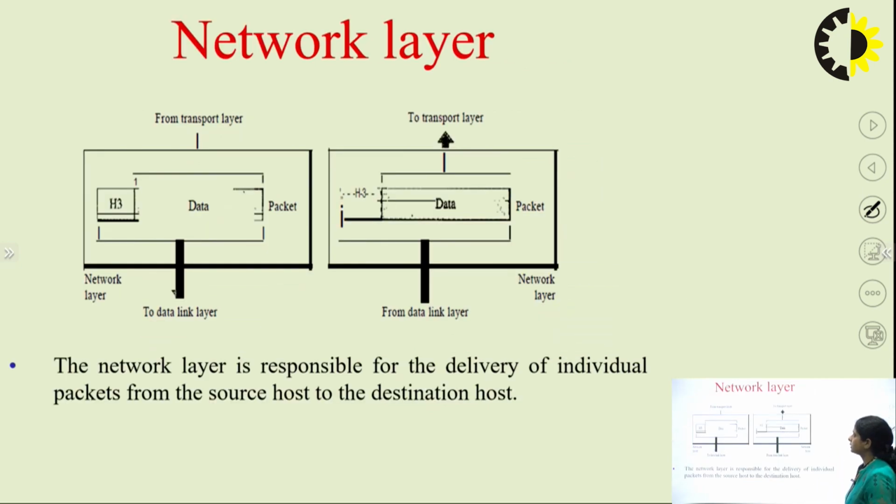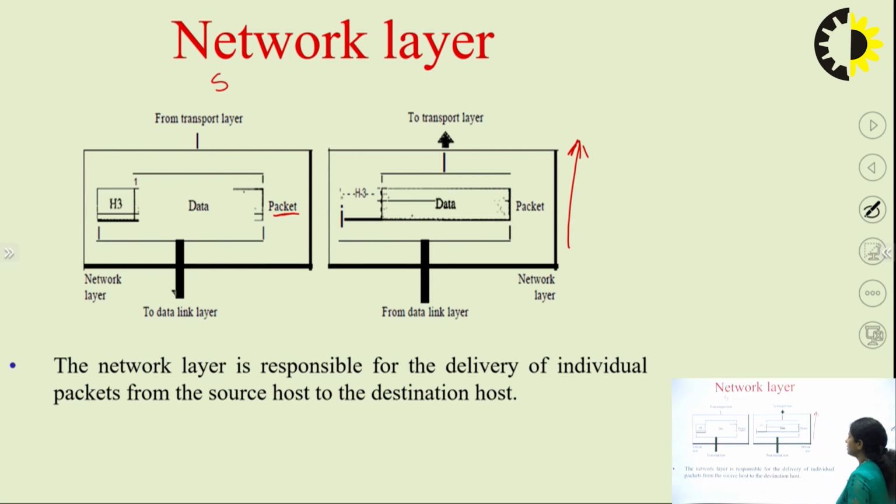The next is the third layer, that is the network layer, and as I told you, every layer is getting the data from its higher layer and providing the services and the functions to the higher layer. So it is getting the data from the transport layer, if we talk about the sender side, right? And then the data will be in the form of packets.